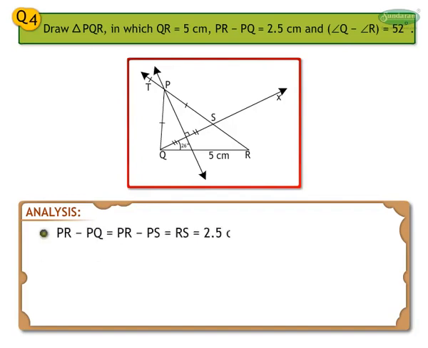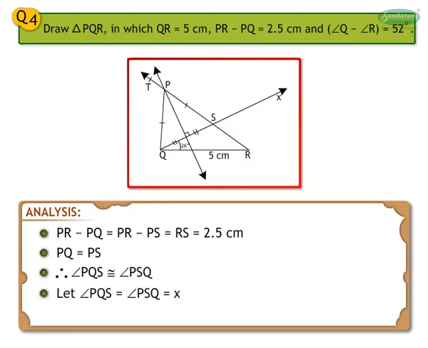PR minus PQ is equal to PR minus PS is equal to RS is equal to 2.5 centimeters. PQ is equal to PS. Therefore, angle PQS is congruent to angle PSQ. Let angle PQS is equal to angle PSQ is equal to X.